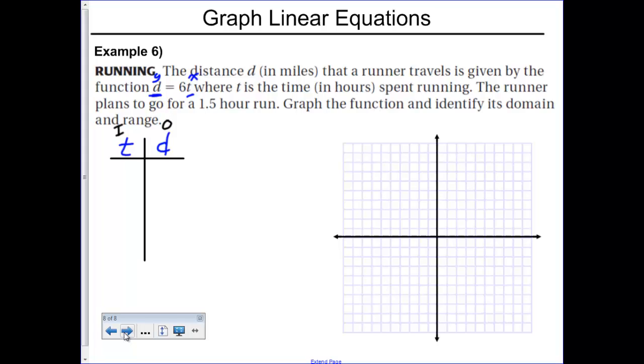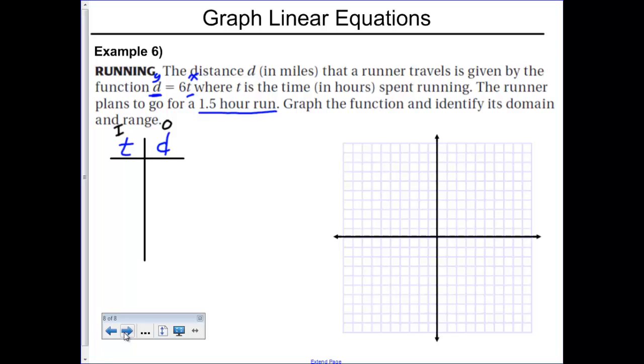Where t is the time in hours spent running. The runner plans to go for a 1.5 hour run. So the runner hopes to go a maximum of 1.5 hours. Graph the function and identify its domain and range.